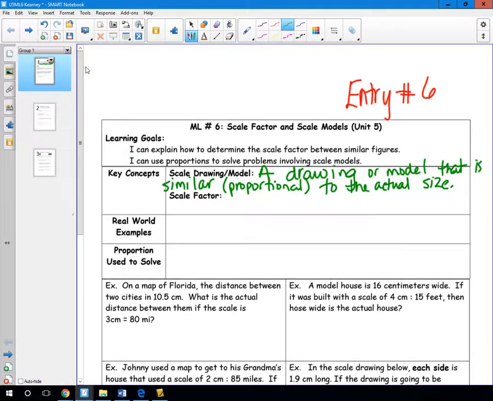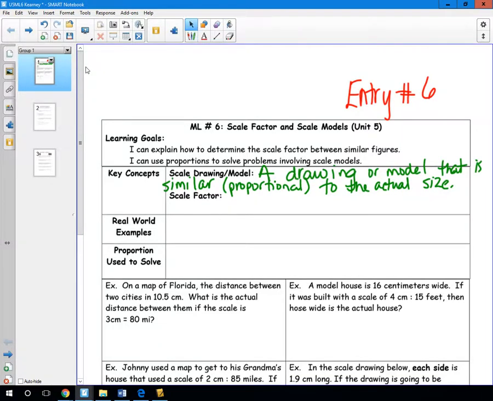And how they draw it proportionally is they use something called a scale factor. Scale factor is the number that you are multiplying, or the ratio you are multiplying, in order to make something bigger or smaller. So for example, we take the size of the United States and we decrease the size to make the map. So we use a scale factor that makes it smaller.